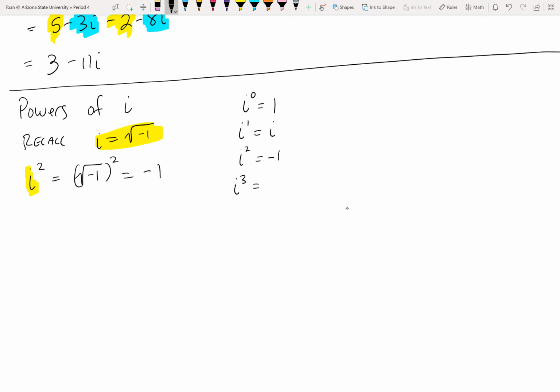And i cubed, if you did the math, the square root of negative 1 times the square root of negative 1 times the square root of negative 1, you get negative i. i to the 4th power is 1. i to the 5th power is i. i to the 6th power is negative 1. i to the 7th power is negative i. i to the 8th is 1. i to the 9th is i, and so on and so forth.